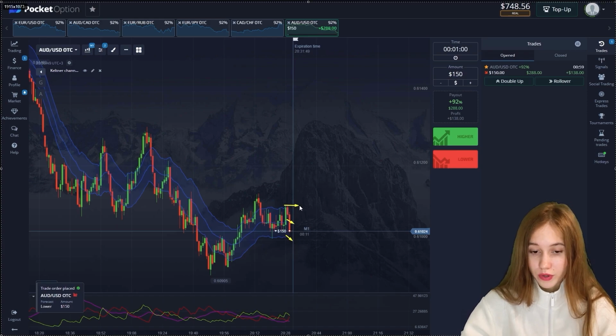Upper limit is uncertain and in the state of the average. Lower, and it's in a state of drawdown. Red is in a state of rising.